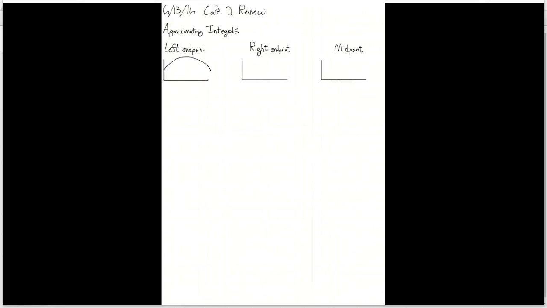Basically the same for all of them. Okay. For left endpoint, we use these rectangles. We'll break this up with little tick marks here. We approximate this integral, or the area underneath this curve, by using rectangles and adding up all the area of these rectangles.